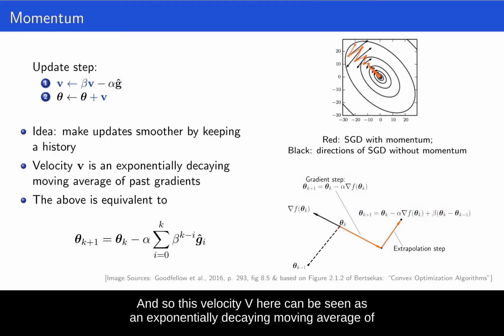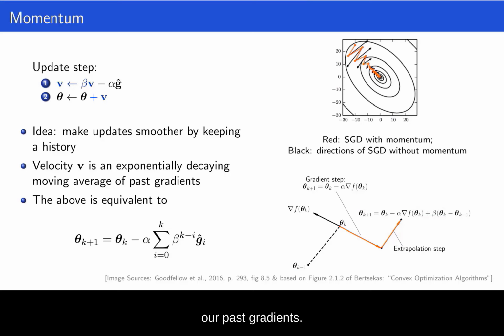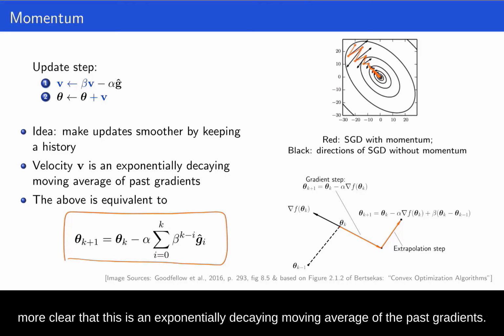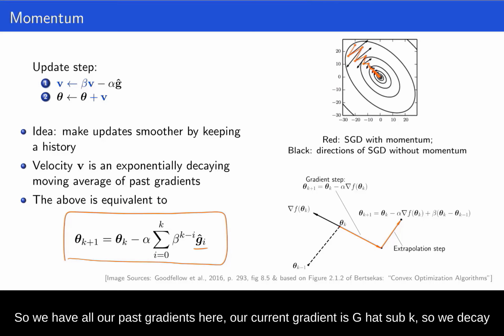And so this velocity v can be seen as an exponentially decaying moving average of our past gradients. We saw before that this update can also be written like this, where it looks a lot clearer that this is an exponentially decaying moving average of the past gradients. So we have all our past gradients here.